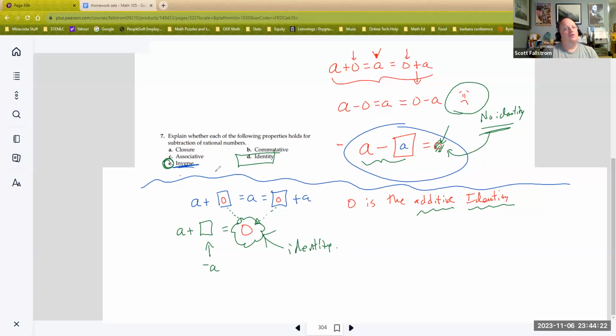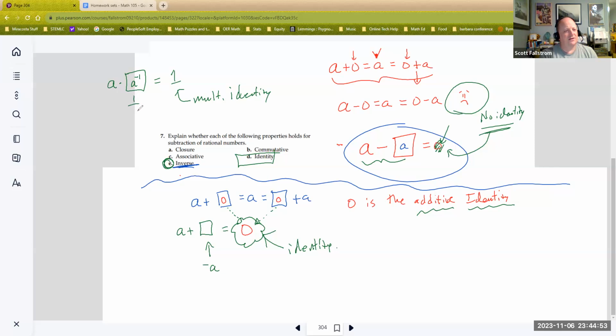Now, as we get more into rational numbers, you'll be thinking about, hey, can I ever multiply by something and get back to my multiplicative identity? And that multiplicative identity is 1. So now we're going to do something very similar, and instead of the opposite of a, we'll have something that looks like a raised to the minus 1.